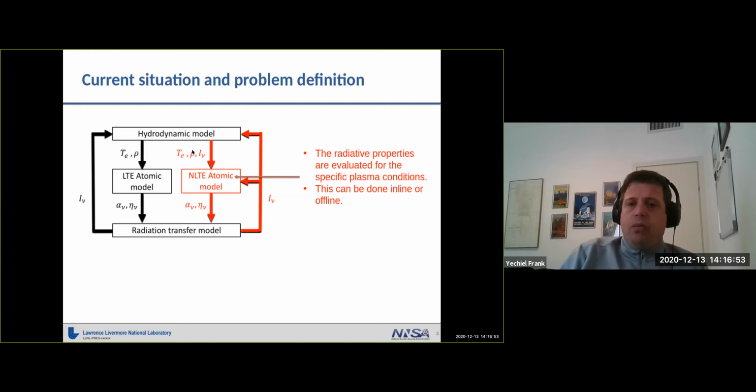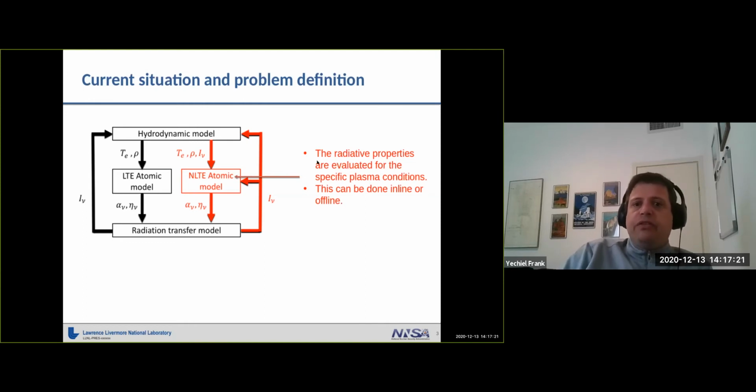We have no previous knowledge about how this radiation profile looks, and again, it can be very different from one case to the other. Then we need to make a lot of compromises in the way that we do the non-LTE atomic model, which in a sense gives us a much oversimplified model that gives us not such great results.